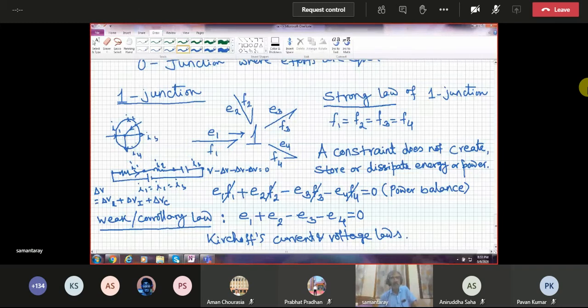So what we have here is those are equal, and some kind of signed sum of efforts is 0.